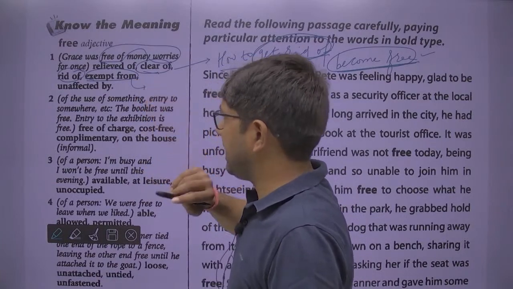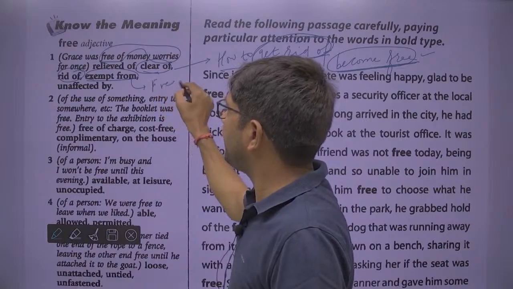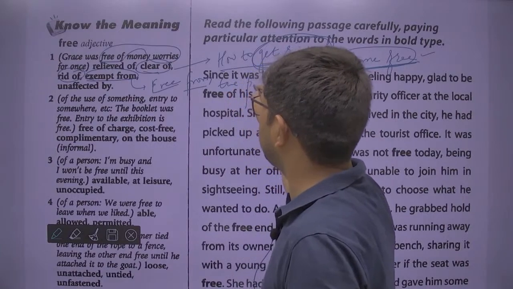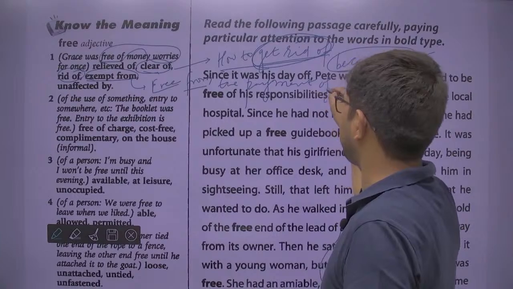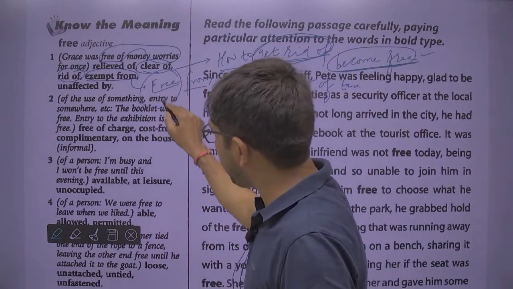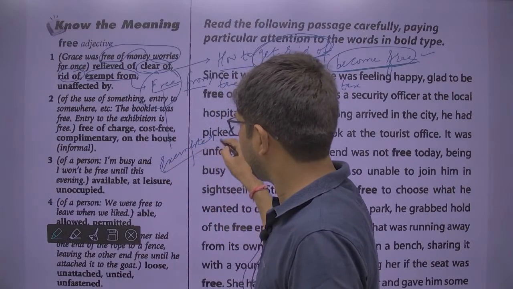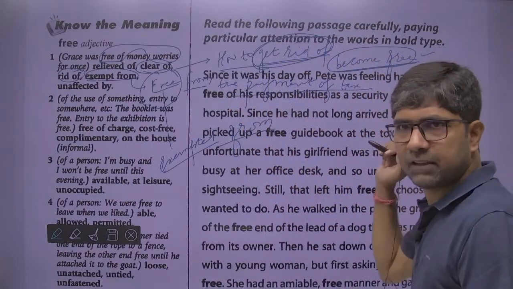Suppose there is some tax and it says that you are free from the payment of tax. It means you are exempted from the payment of tax.